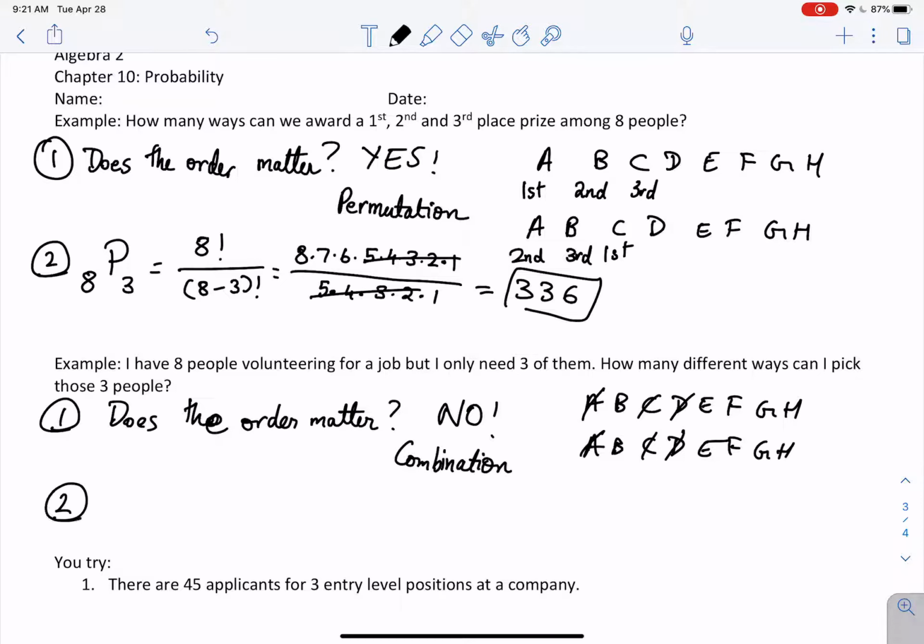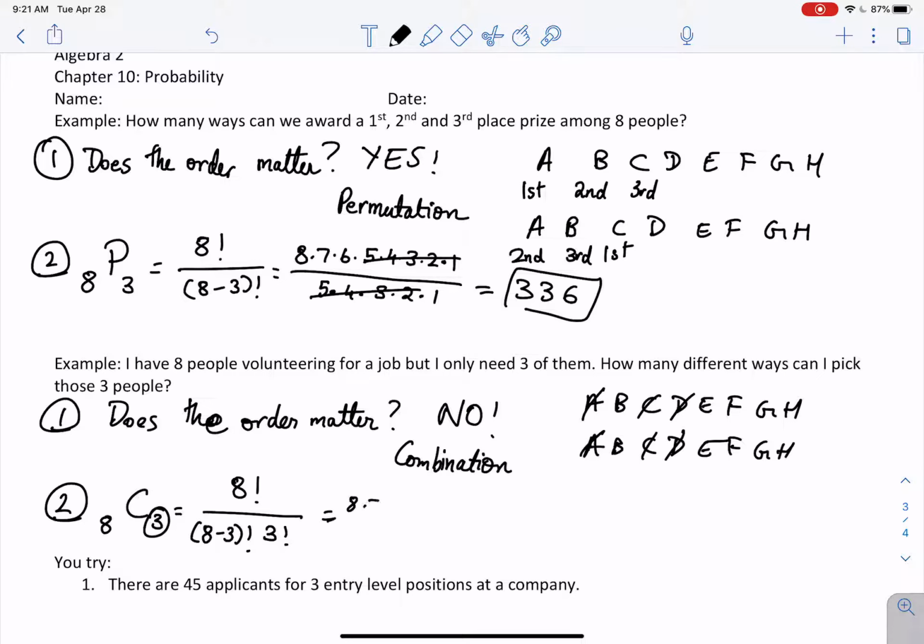When we calculate this, we go 8C3. That's 8 factorial divided by (8 minus 3) factorial, just like the permutation. But we have one additional thing where I take that r value and multiply its factorial to the bottom of the fraction.